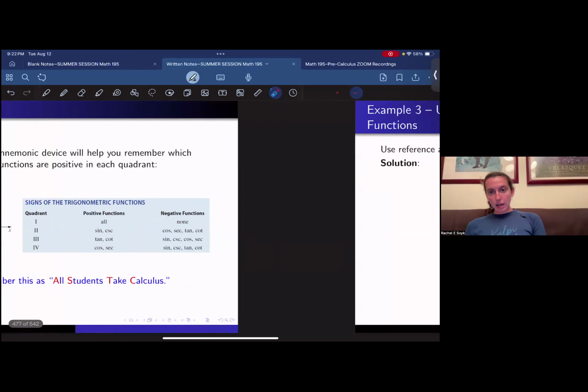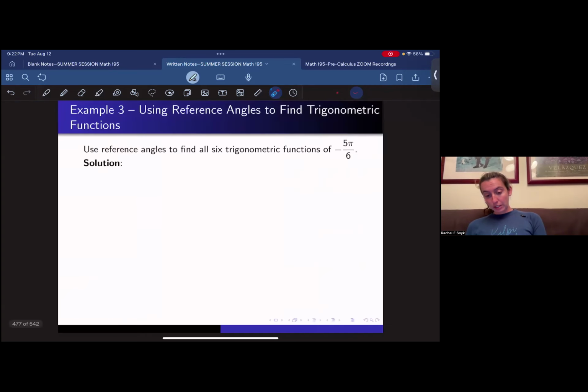And so now let's tackle example 3 together, where we want to use reference angles to find all of our 6 trig functions of negative 5 pi over 6. So what is our reference angle here?